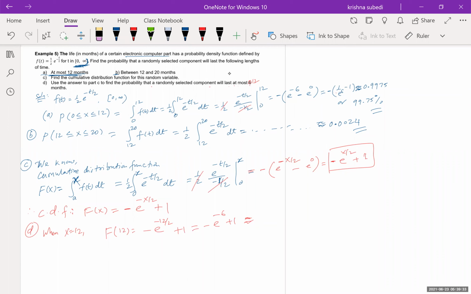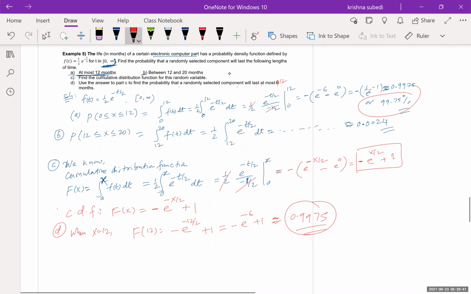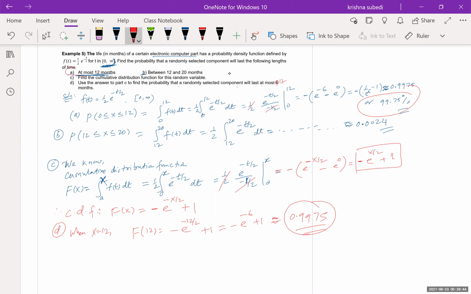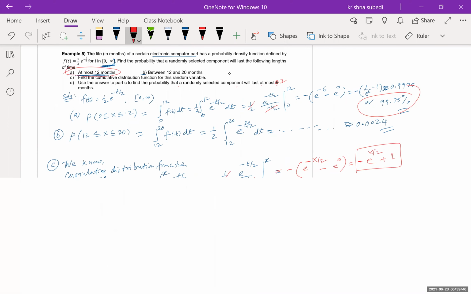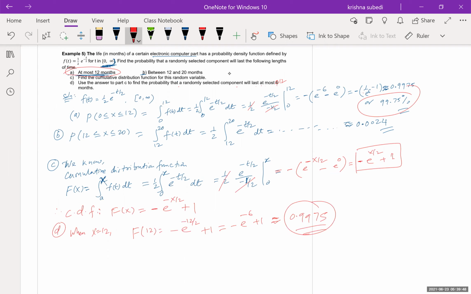Notice that this one and this one are actually equal. In part A, we simply used the basic idea that the integral gives us the probability, and in part D, we use the cumulative distribution function to calculate the probability. So you can use either one of the methods.